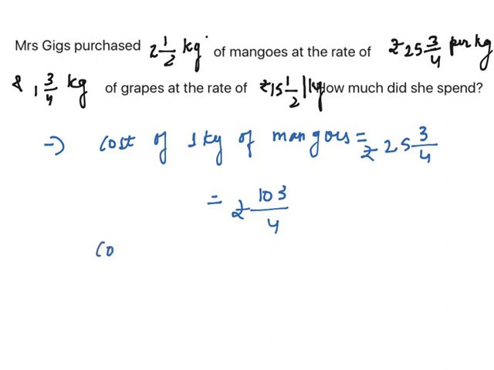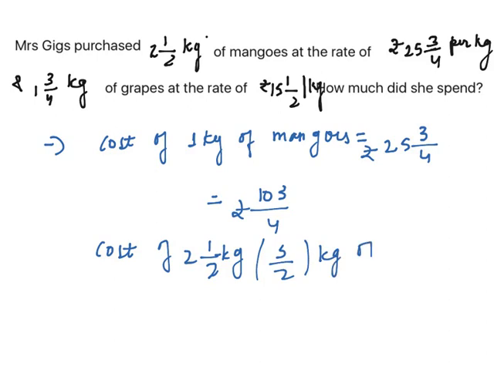And the cost of 2 whole 1 by 2 kg will be 2 times 2 is 4 plus 1 is 5 by 2 kg of mangoes. We are given the cost for 1 kg and we have to find it for 5 by 2, so we will multiply.